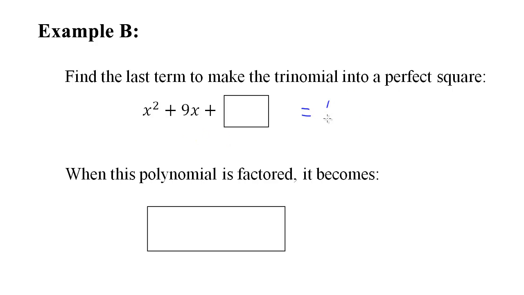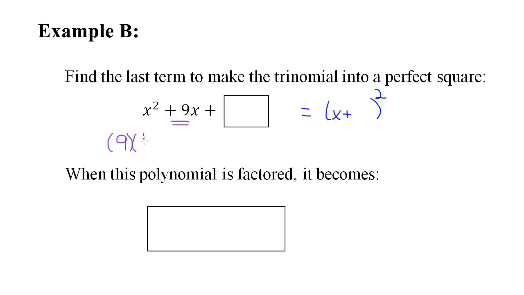And our goal is to factor this as x plus something quantity squared. First, we have to determine what would be the third term in this trinomial. To do that, we look at the middle coefficient. Our middle coefficient, or b value, is 9.